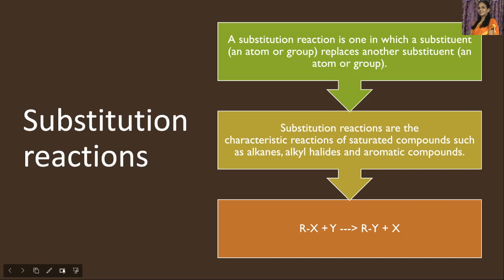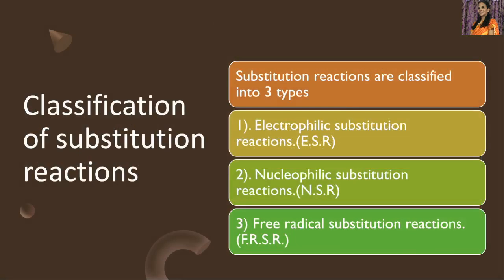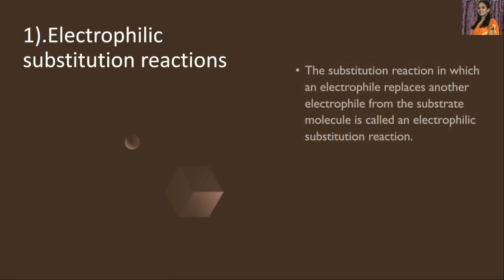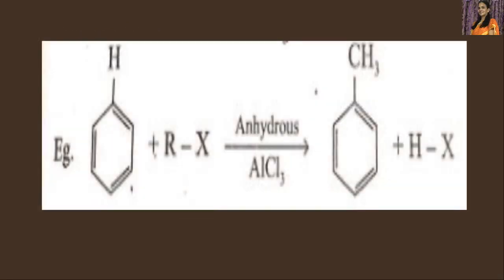The second type of organic reaction is substitution reaction, and substitution reactions are also of three types: electrophilic substitution, nucleophilic substitution, and free radical substitution. In electrophilic substitution, one electrophile substitutes another electrophile of the substrate.